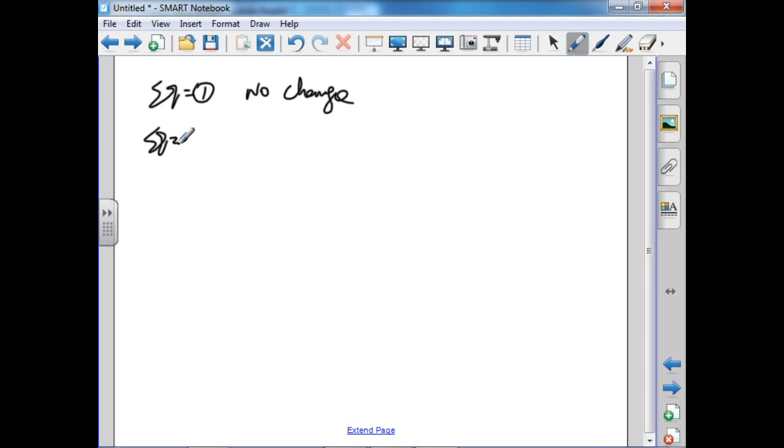Equation number 2, NO3 minus plus 3 electron gives NO. There are 3 atoms of oxygen on the reactant side, but only 1 atom of oxygen on the product side.